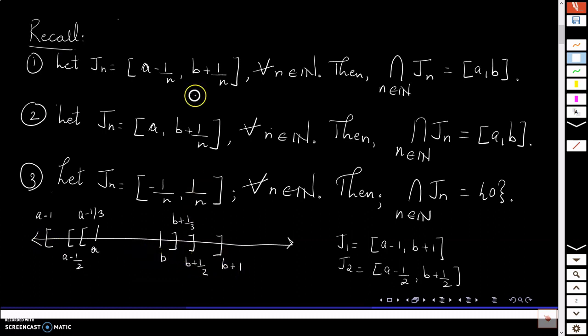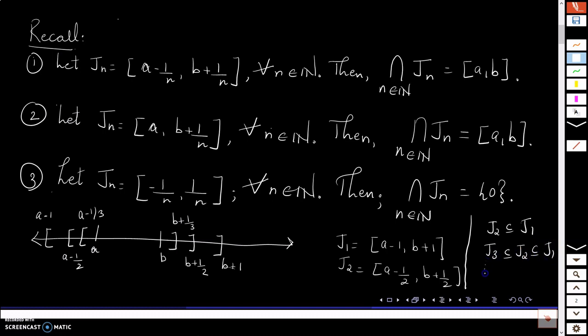Okay, so they are intervals of decreasing length. So I can say from here that J2 is contained inside J1, right? Similarly, J3 is contained inside J2, which is in turn contained inside J1.